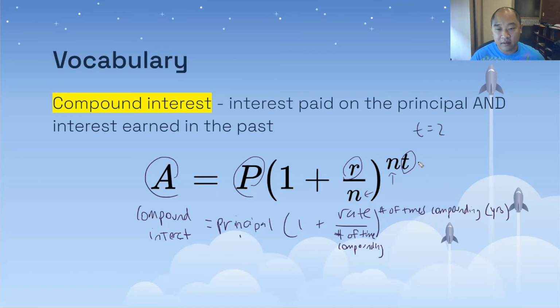But during these 2 years, your interest would be calculated, let's say every month. So if it's calculated every month, it's calculated 12 times, right? And if it's calculated 12 times, then N is 12. If your interest is calculated every day in a year, then it would be 365. If it's calculated twice a year, it would be 2. Okay? So let's take a look at an example.